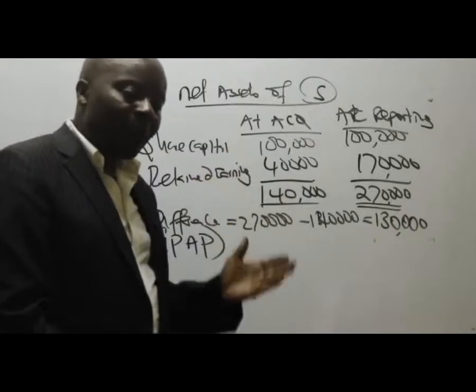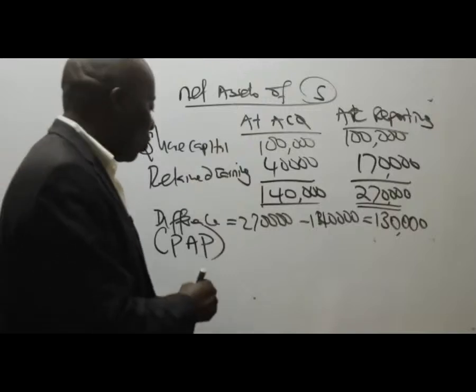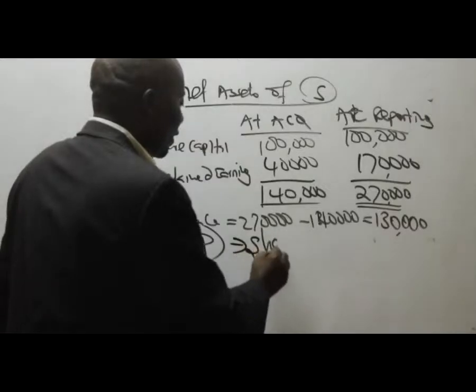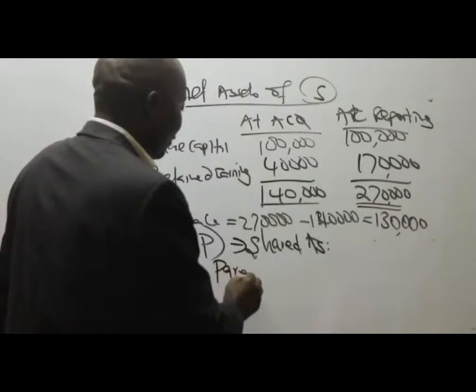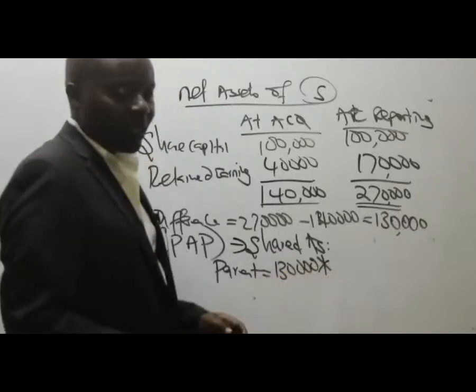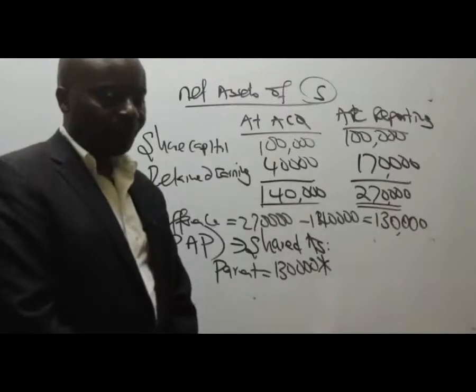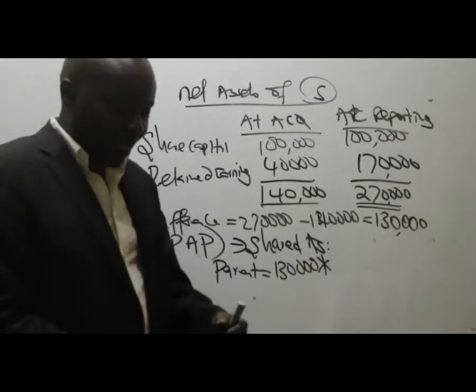So remember that PAP is normally shared out right away to the two owners. Go ahead and share PAP to the two owners, shared as follows. So we have here the parent. The parent takes 130,000 times what percentage, somebody?